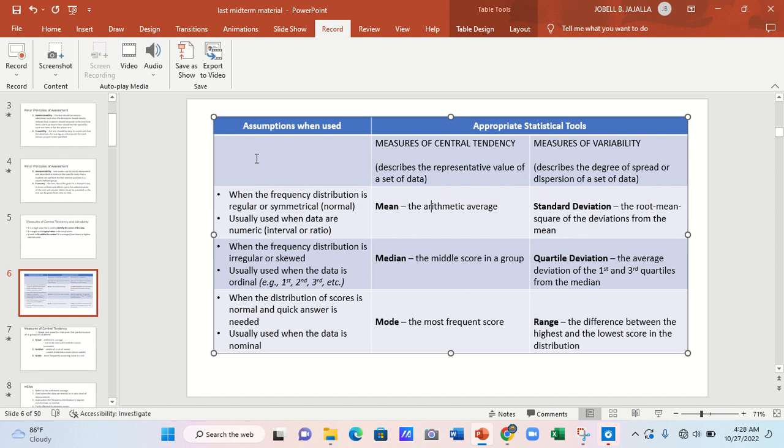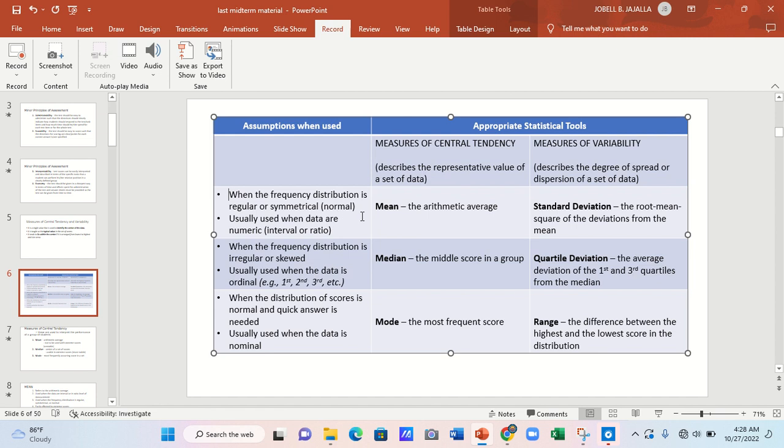In the first column we have the following assumptions to consider. The first pair of assumptions is when the frequency distribution is regular or symmetrical, so if the data follow a normal distribution, and it is usually used when data are numeric in value, either interval or ratio.